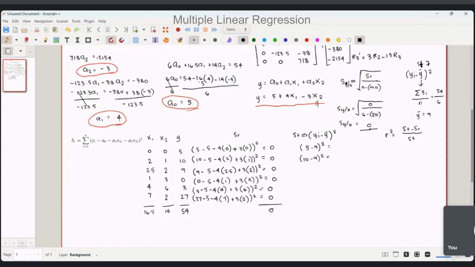Yes ma'am. 16. 2, 1. 1 miss. 9 minus 9 squared. 0. 9 minus 0 squared. 81. Sakto ba, class? Yes ma'am. 81 gyapon.